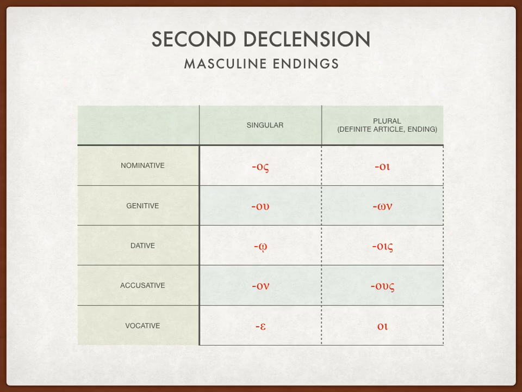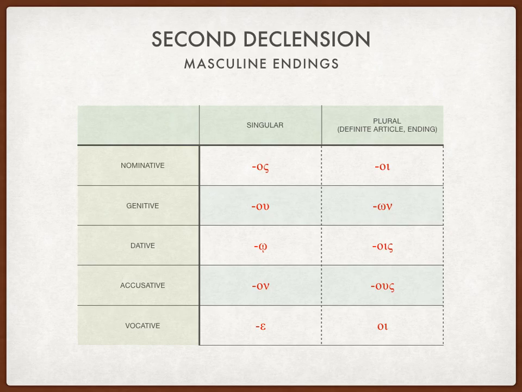These are the endings for masculine nouns in the second declension. Going through this chart, you can see there's singular endings, if I'm talking about one person, place, or thing, and plural endings, if I want to change that to multiple things. And I have 5 cases. If I want one thing that's a nominative, I'm going to add the ending os to it.